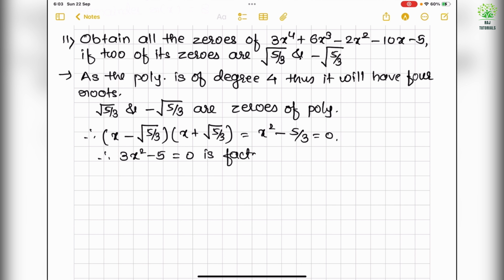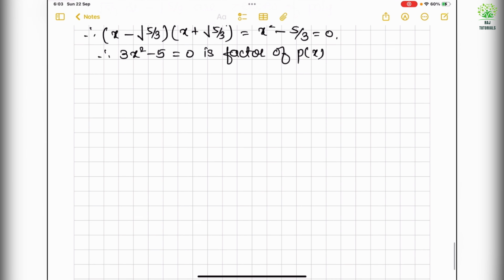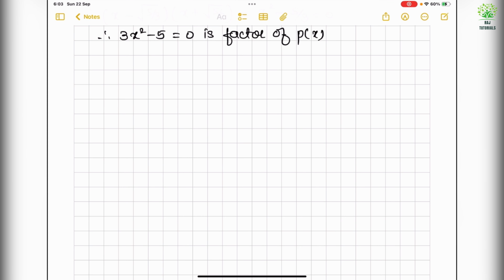So therefore I can say 3x square minus 5 equal to 0 is a factor of p of x. Now dividing p of x with that 3x square minus 5.